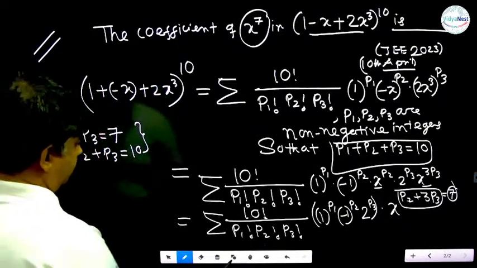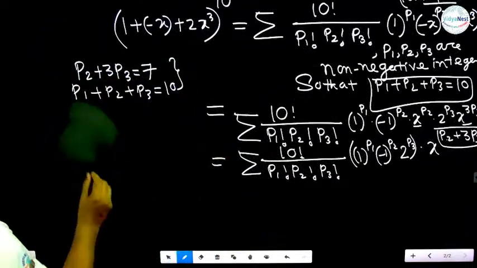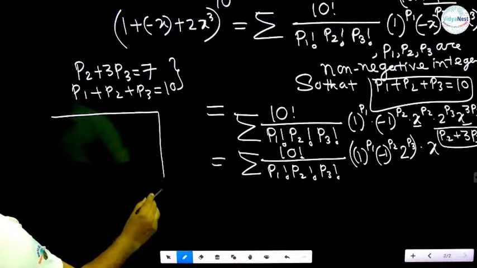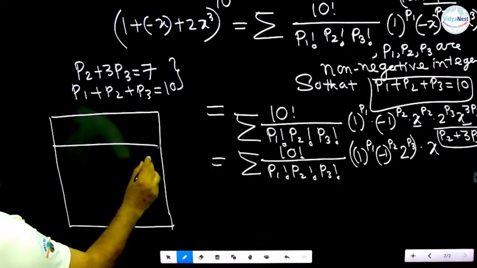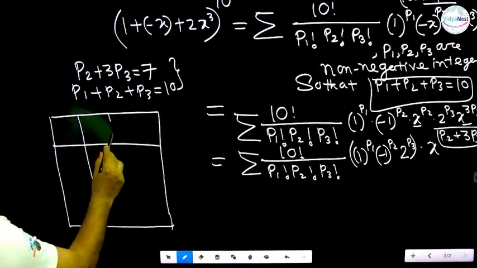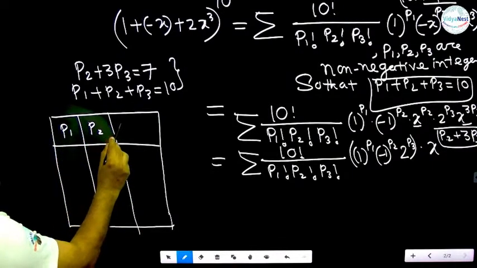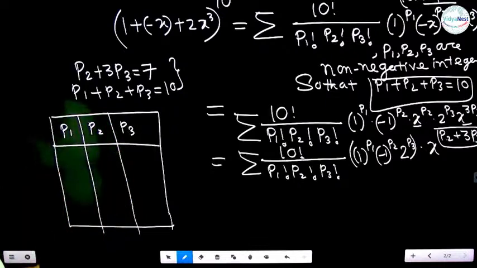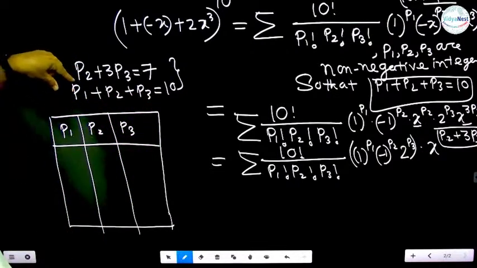Okay? Okay sir. See, like the previous sum, let us draw the table: 1, 2, p1, p2, p3. Like the previous sum, I will start to choose p2 as 0.